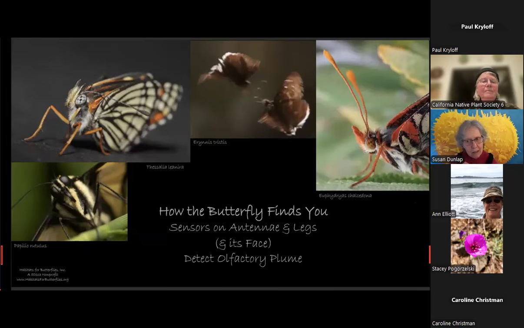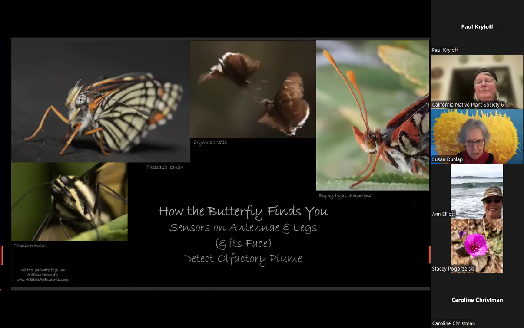Once they detect an olfactory plume of a nectar plant that appeals to them, they will track that plume. This is why they fly back and forth, fluttering back and forth to follow and track the plume, to locate the plant and the source of nectar. Mind you, they're doing this from sometimes 300 to 500 feet up in the air. So a strong plume is very, very important to draw them into a habitat.